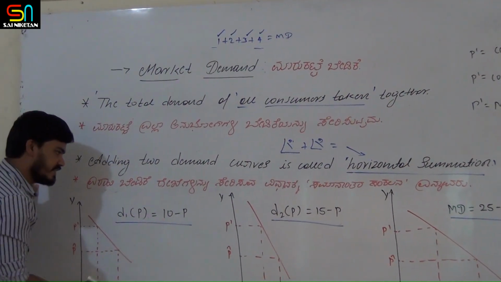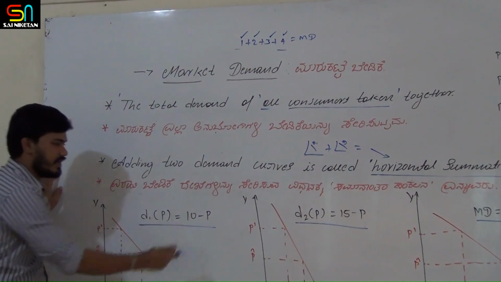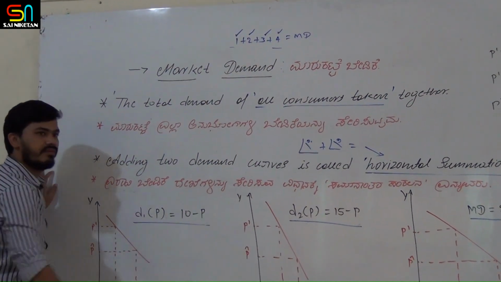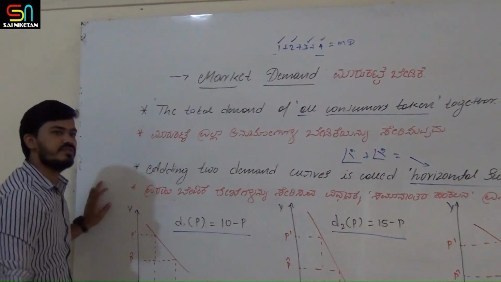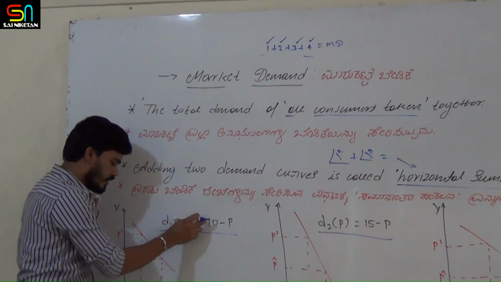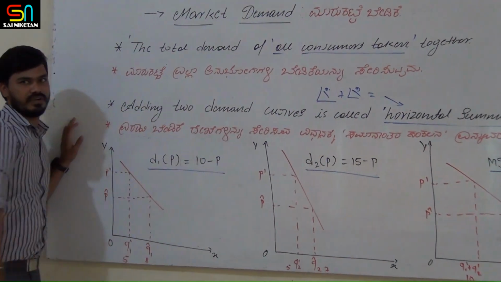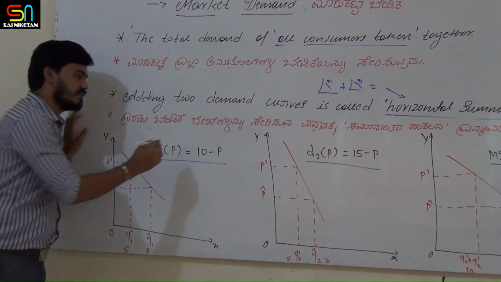10 minus P is nothing but, for the given market prices, the consumer always wants to buy the product at more than 10 rupees, not less than 10 rupees. His prices always start from 10 rupees.